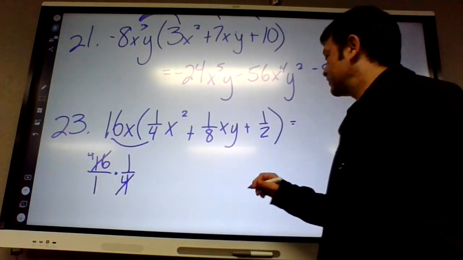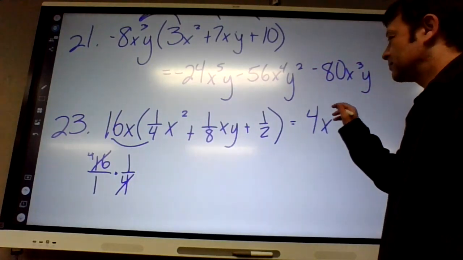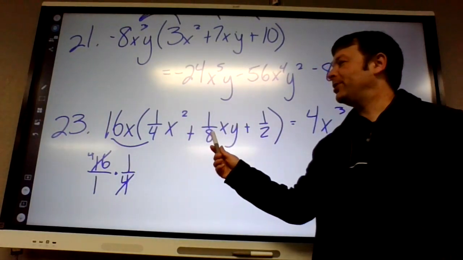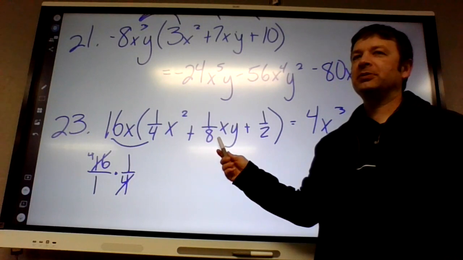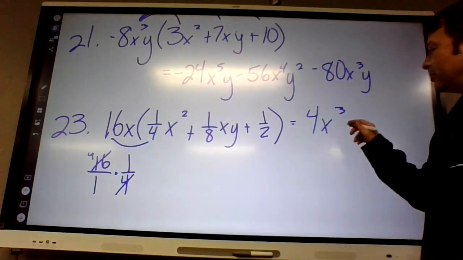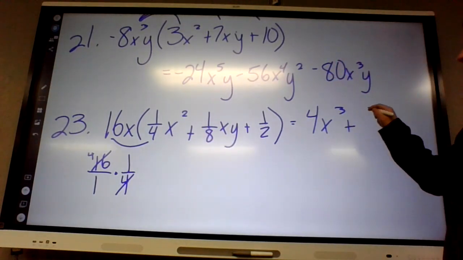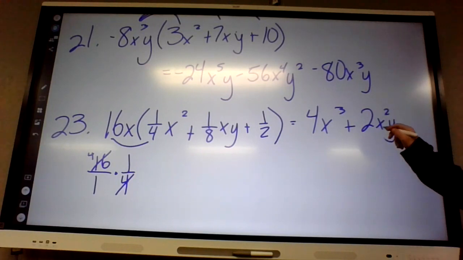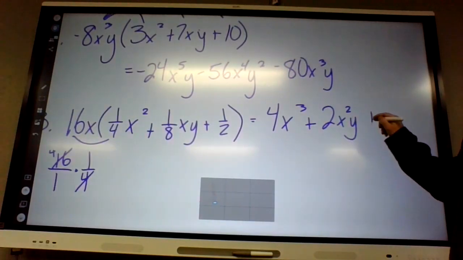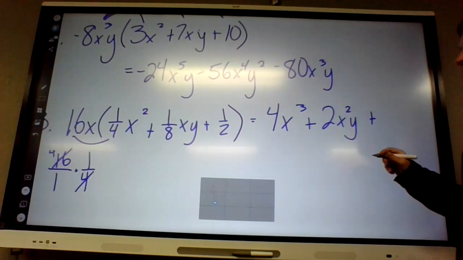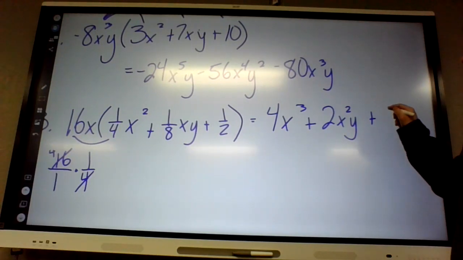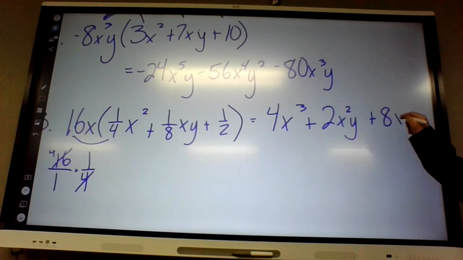So it's 4x. Now the next one, multiplying by 1/8 would be like doing what? Dividing by 8. Okay, go ahead. That would be 2x squared y. And then 16x times the 1/2 is divided by 2 basically. So you get plus 8x.